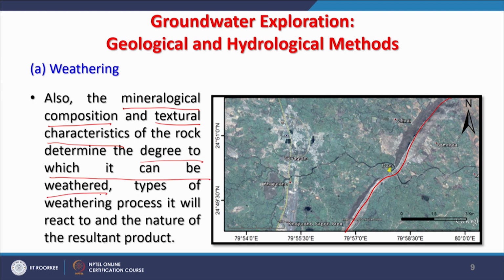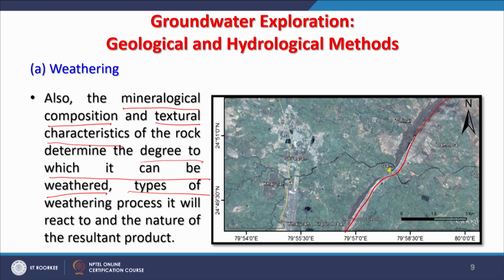and on the degree to which it can be weathered. Generally, if there are large grains or small grains together in a rock, there are more chances of weathering, and if the mineral composition is also like that, with feldspar, mica and quartz, where two are relatively more weatherable than one, then overall the granite will also get weathered.